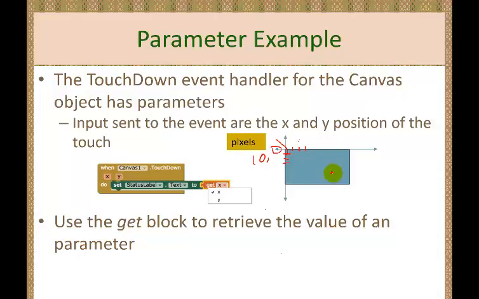You can use that in your program to decide to do something right there. So maybe you want to draw a circle right there, or maybe you want to start drawing on your canvas, and you got to know exactly where they're touching at, and there's where you want to change the color of that pixel to red.